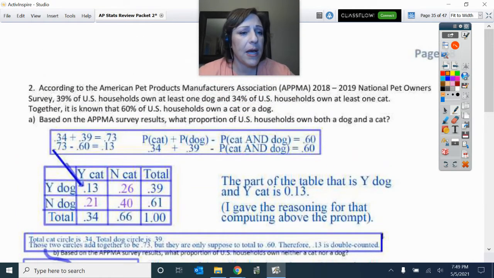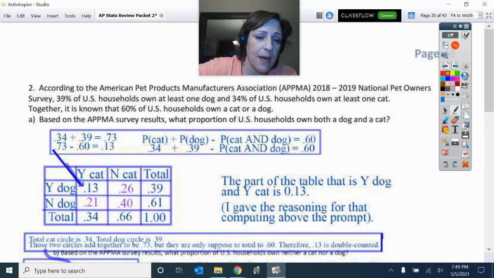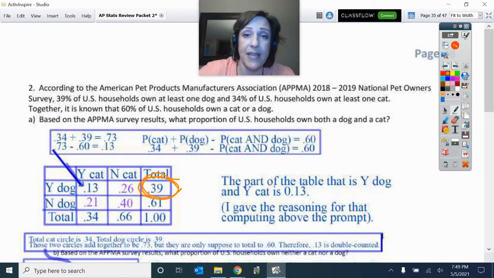So here, we were told that we had that 39% own at least one dog. So that means this here total for the dog yeses is 0.39. 34% own at least one cat. So then that's telling me this right here.